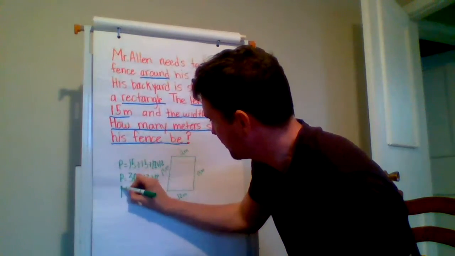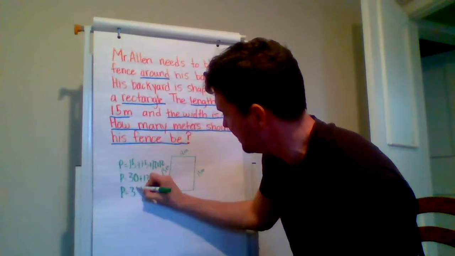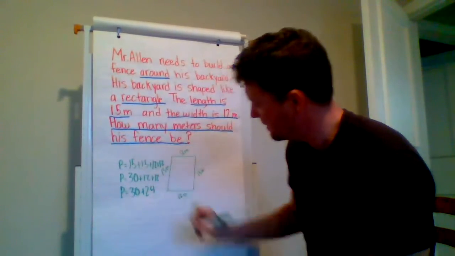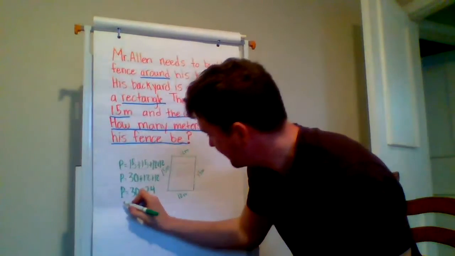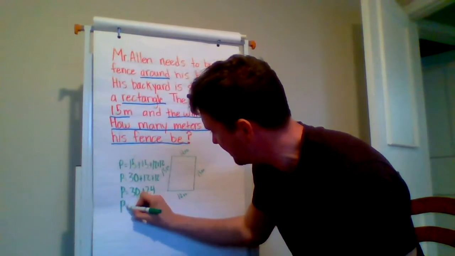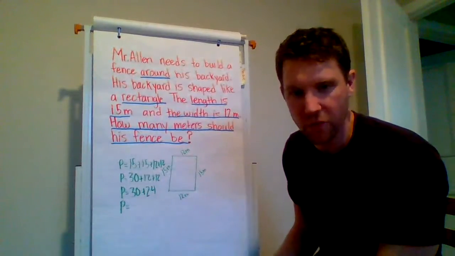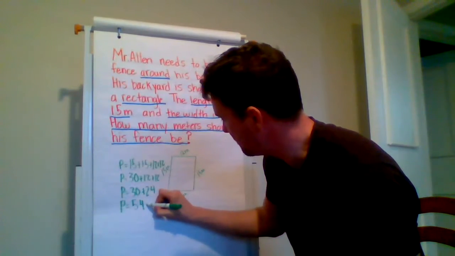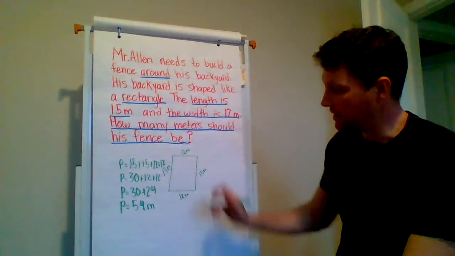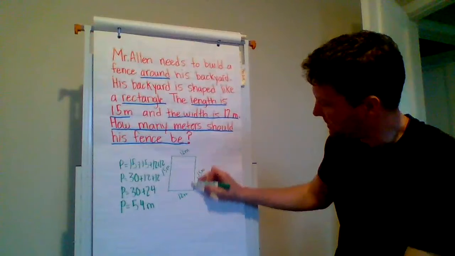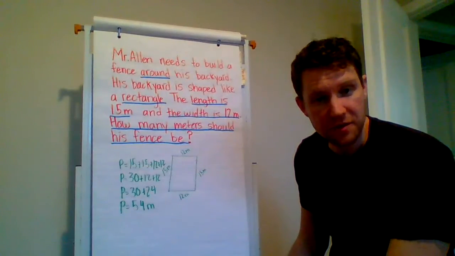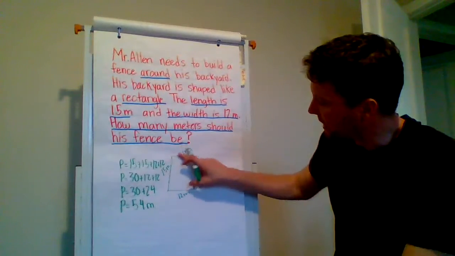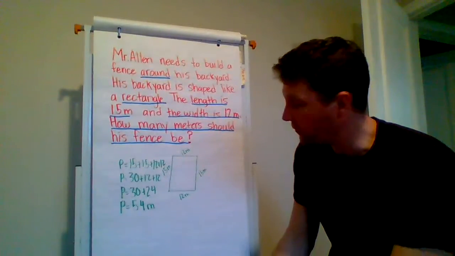Perimeter is equal to 30 plus 24. Now one last step to finding the perimeter. Perimeter is equal to 30 plus 24, which is 54 meters. So I know the fence has to be 54 meters long in order to cover the entire backyard. It's got to go around the whole backyard, so it has to be 54 meters long.